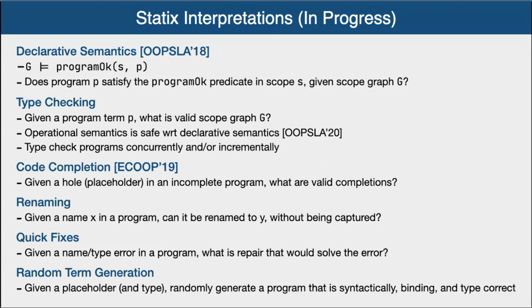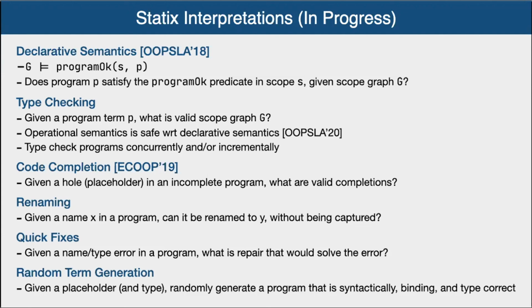For type checking, we interpret statics as a type checker: given a program P, build up a scope graph that makes the specification satisfied. In a recent paper, we showed that the operational semantics is safe with respect to the declarative semantics. And we're working on other interpretations, like: can we concurrently or incrementally execute these specifications in order to incrementally type check programs? But there are other interpretations.